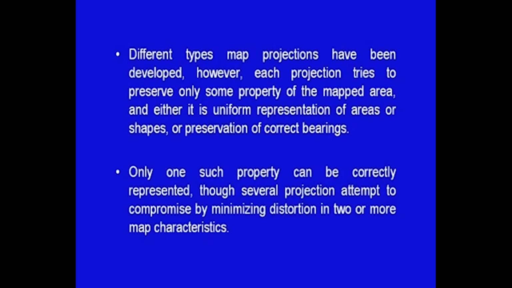Only one such property can be correctly represented, though several projections attempt to compromise by minimizing distortions in two or more map characteristics.